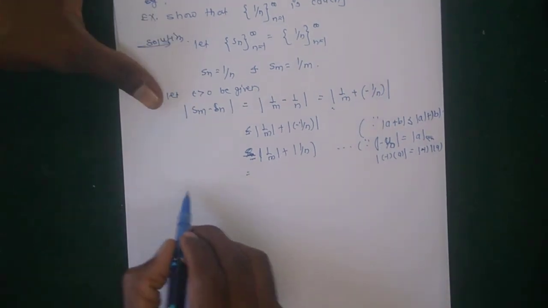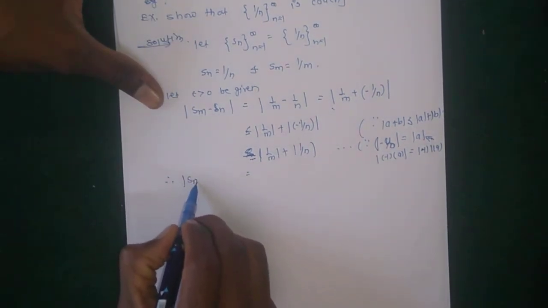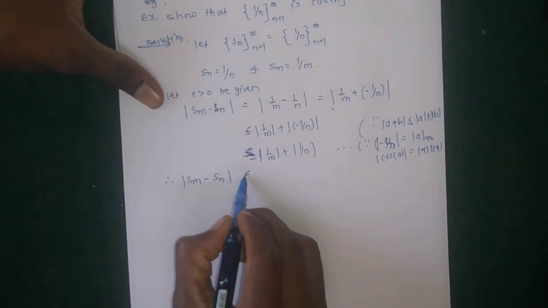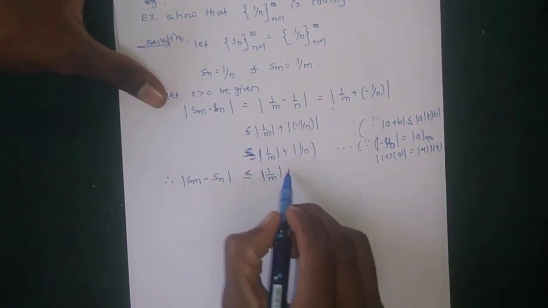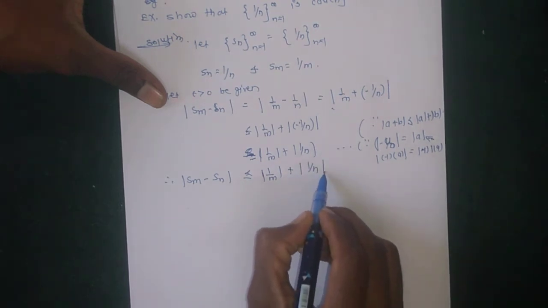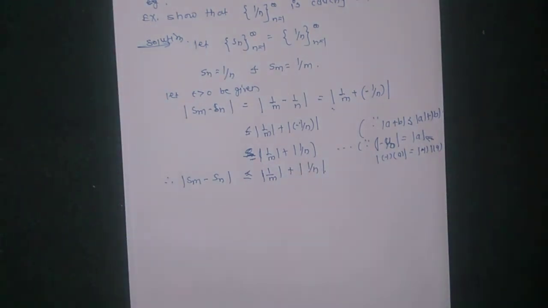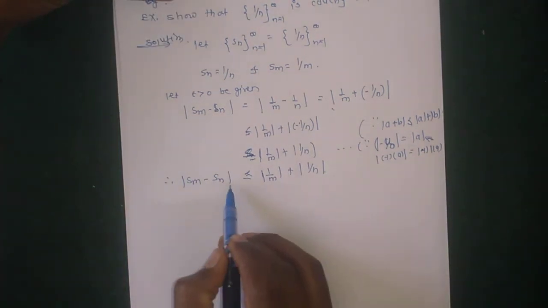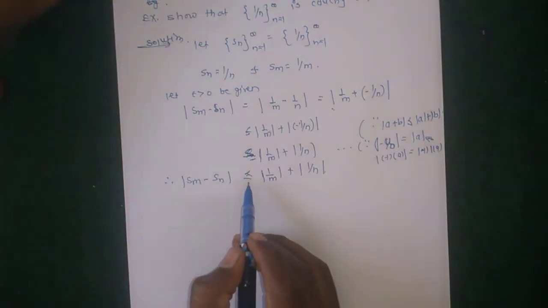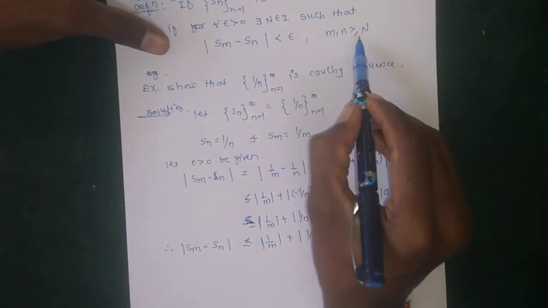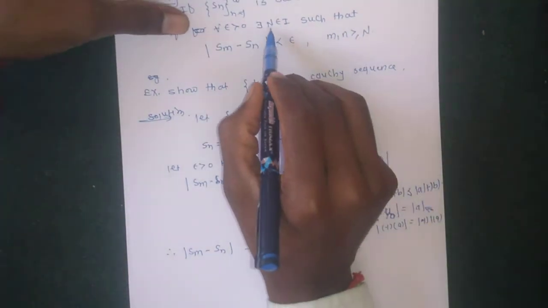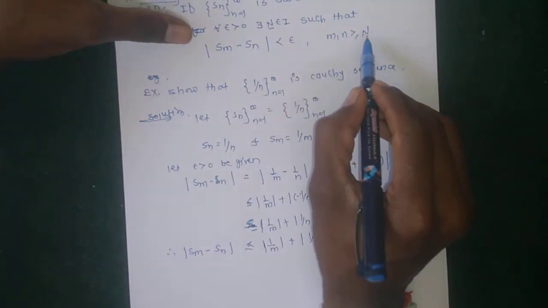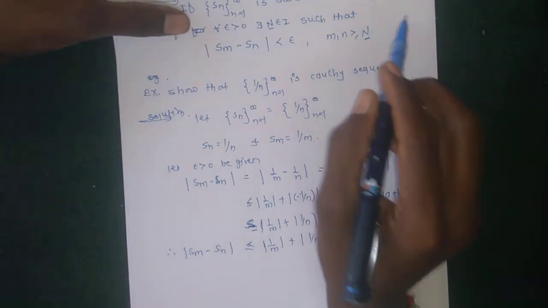And therefore mod Sm minus Sn is less than or equal to mod 1 upon m plus mod 1 by n. Here we have to show that this term is less than epsilon, for all m and n greater than or equal to N, where such a positive integer N exists.